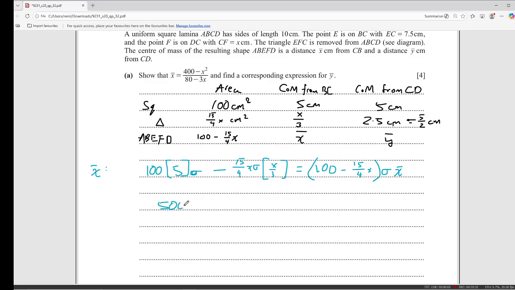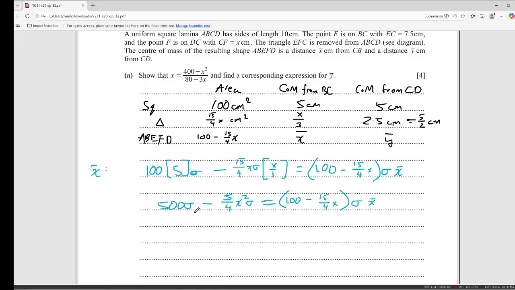This gives me 500 sigma, and this will give me 5 by 4 x square sigma, and that is equal to, let's not expand it just yet, 100 minus 15 by 4x times sigma times x mean.